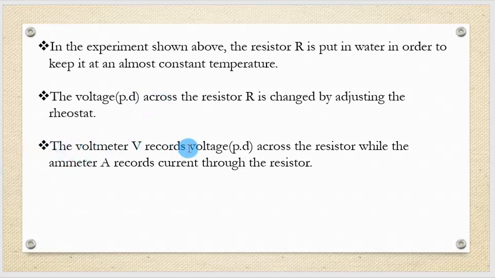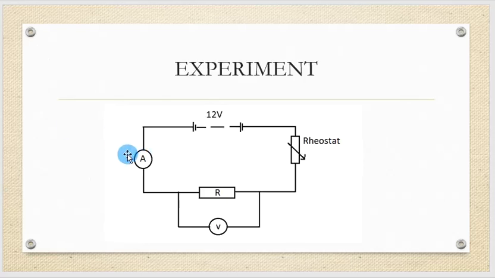The voltmeter V records the voltage across the resistor, while the ammeter A records the current through the resistor. So the purpose of the ammeter is to record the current that is flowing through the resistor. The current will be moving like that, passing through the resistor.